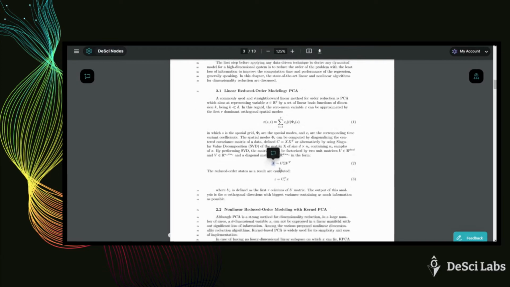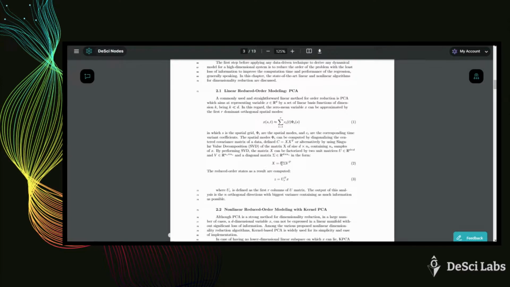And then we perform a singular value decomposition, which means that we are just finding a diagonal matrix sigma in the middle and two matrices on the left and right, where the left one contains the eigenvectors of the system.